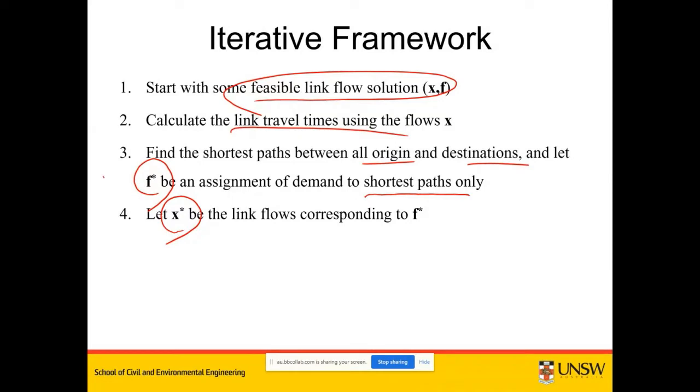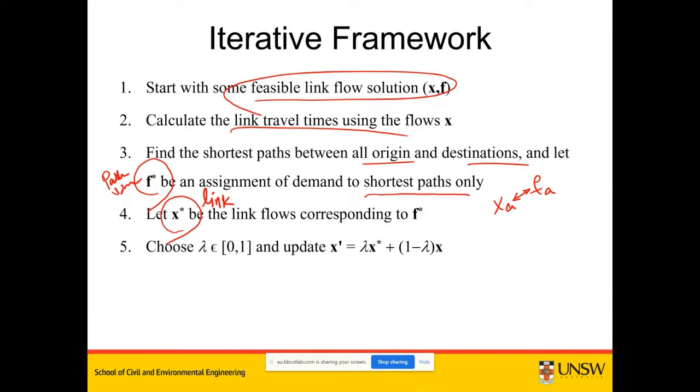So F star is the path volume, and X star is the link volume on the shortest path, okay? And again, we know there is a relationship between link flows and path flows, as we talked before.